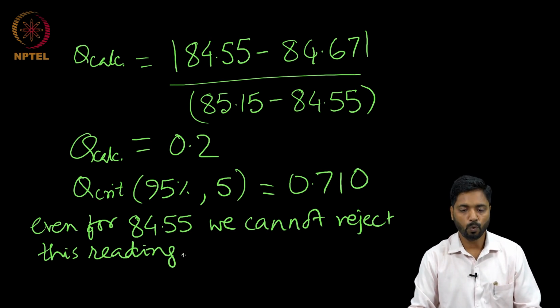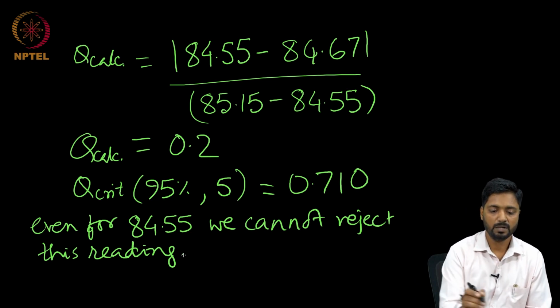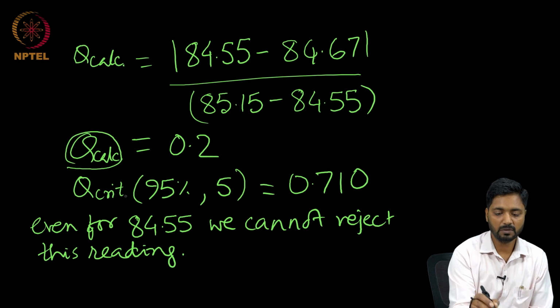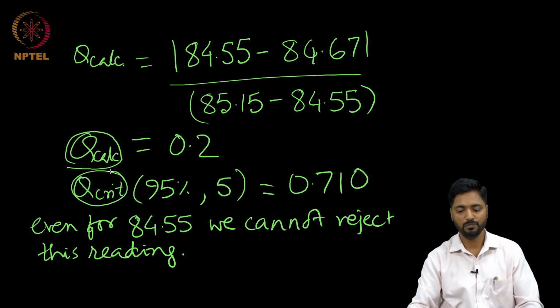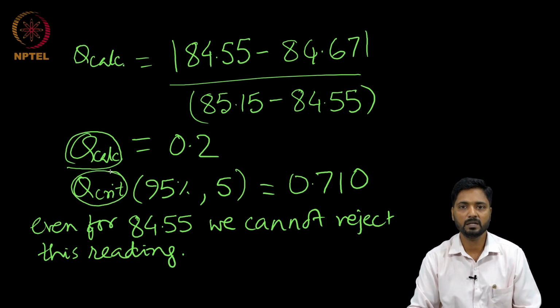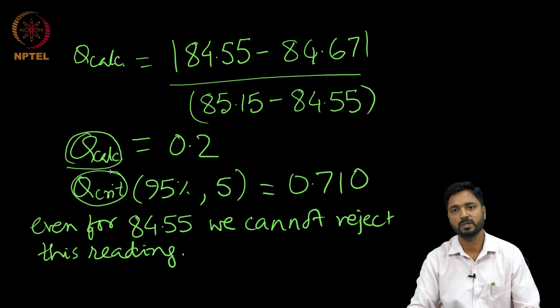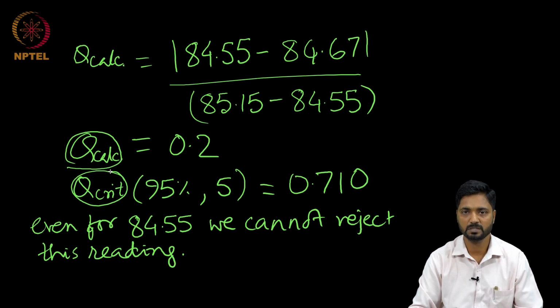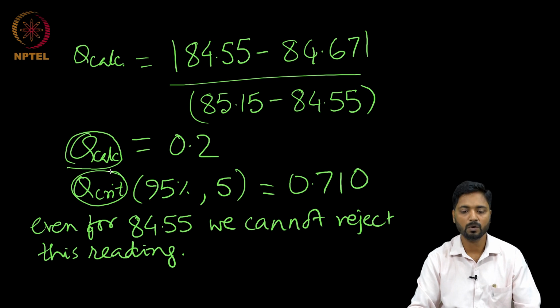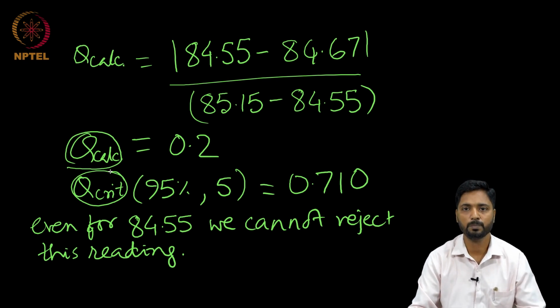So, what you see is that when we use the Q calculated and the Q critical, we can make a clear judgment whether a reading is to be considered as an outlier or not. So, with this we will stop this lecture 2 of week 4, and I thank you for your attention.